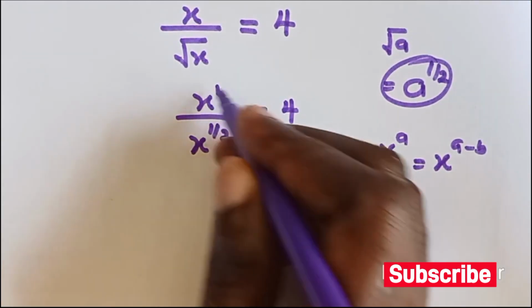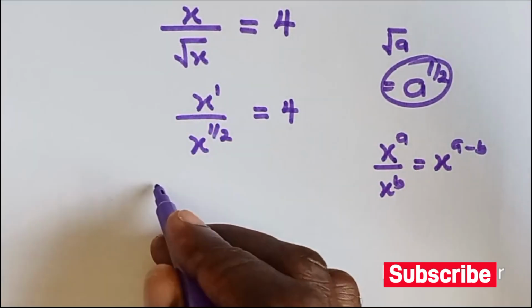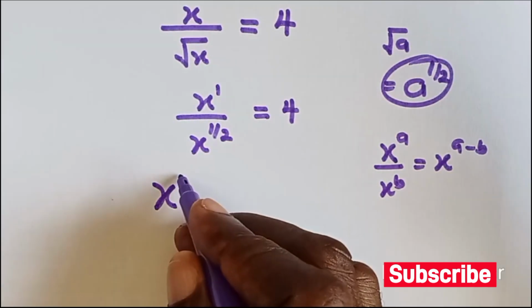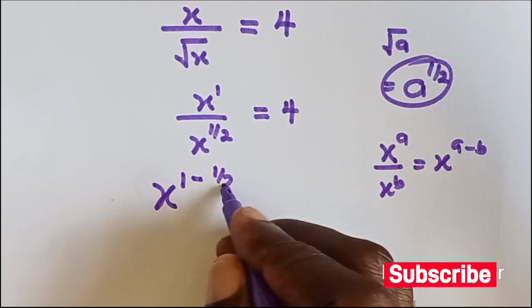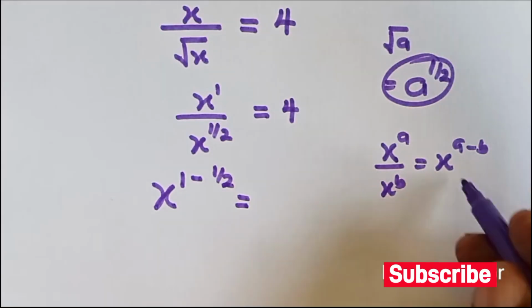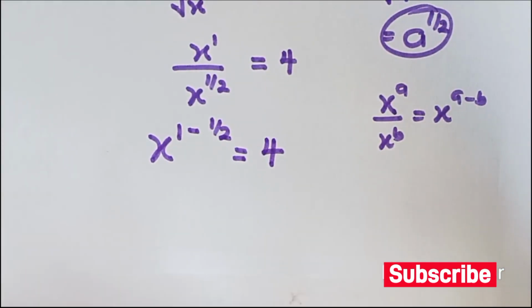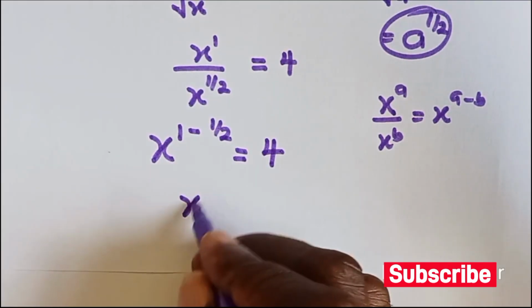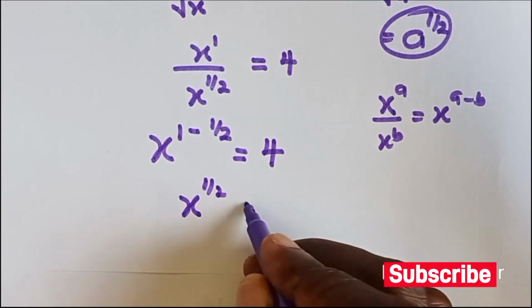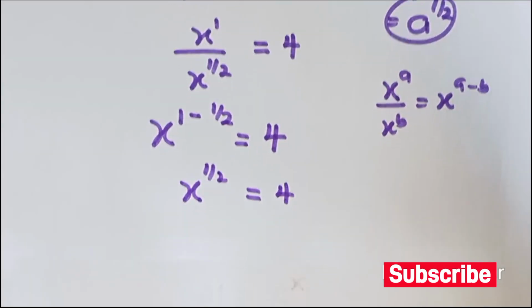So this x is the same thing as x raised to power 1, and we subtract the powers. That is 1 minus 1 over 2, when I apply this law, everything equals 4. Then 1 minus half will give us half. So we have x raised to power 1 over 2 equals 4.